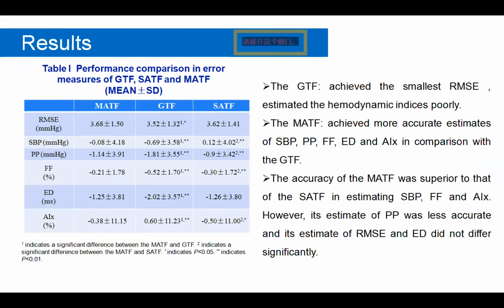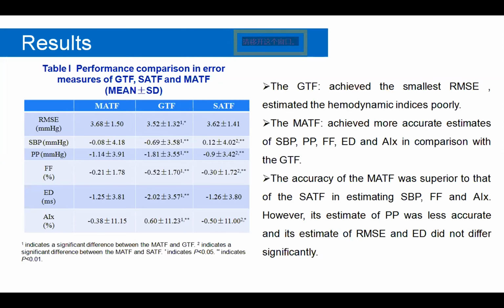This table shows the performance comparison in error measures of GTF, SATF, and MATF. We can see that the systolic blood pressure was underestimated by the GTF and MATF, while it was overestimated by the SATF.